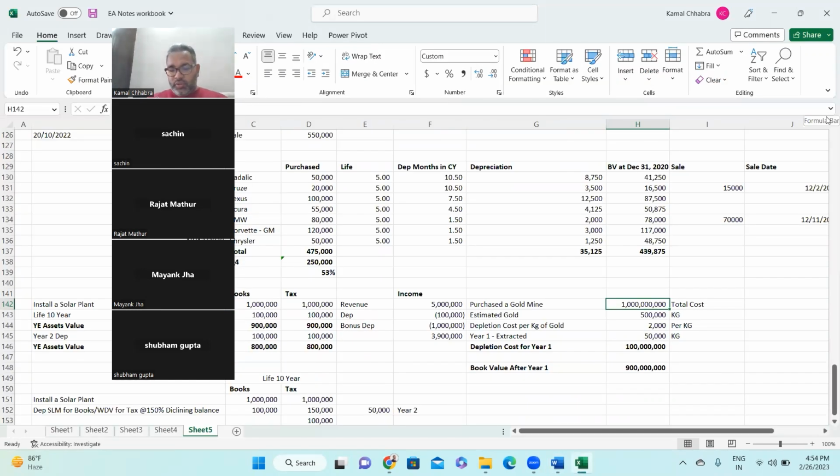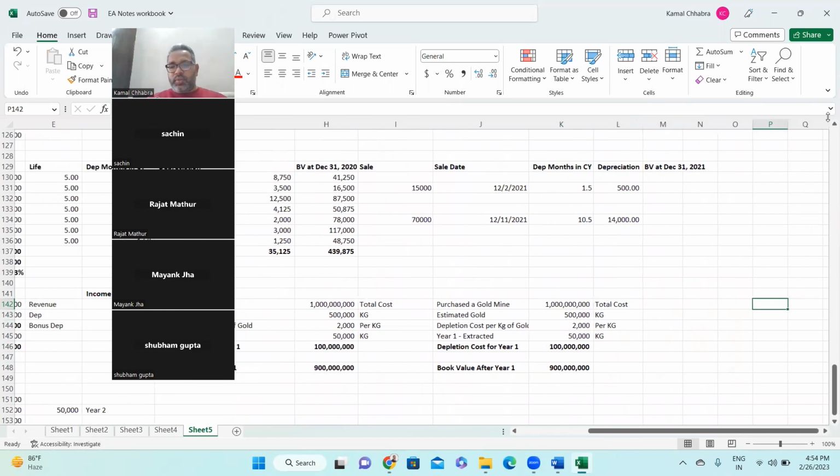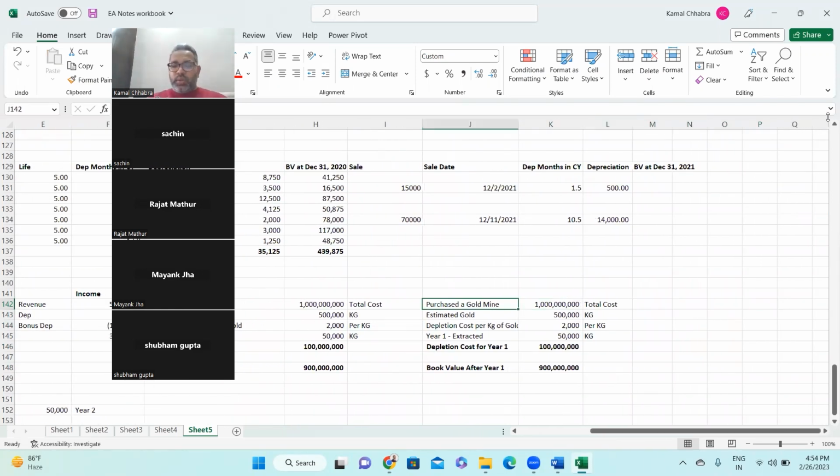So you have a total purchase of $1 billion, and the sales in year 1, let's assume, are $50 million. This is the sales you have made.